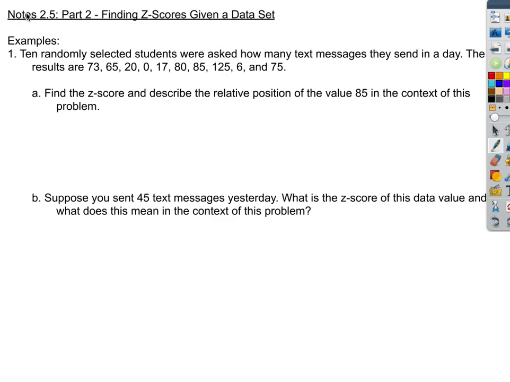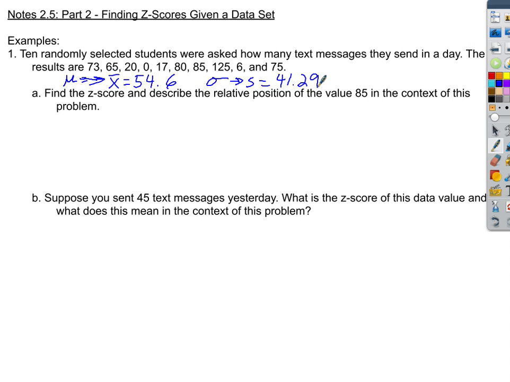So going back to our problem, we're going to approximate the population mean using our sample mean of 54.6, and we're going to approximate our population standard deviation using a sample standard deviation of 41.29.